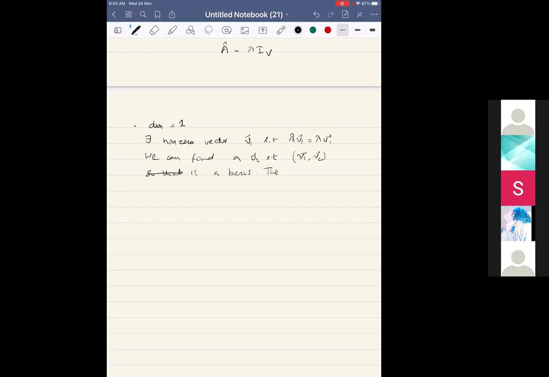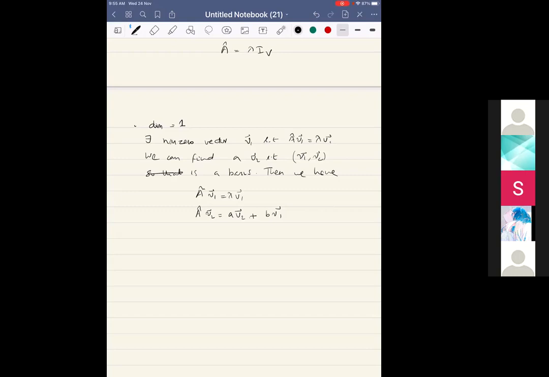Then A hat V1 is lambda V1, and A hat V2 is some vector in V, so it will have to be of the form A V2 plus B V1, because any vector in V is a linear combination of V1 and V2.